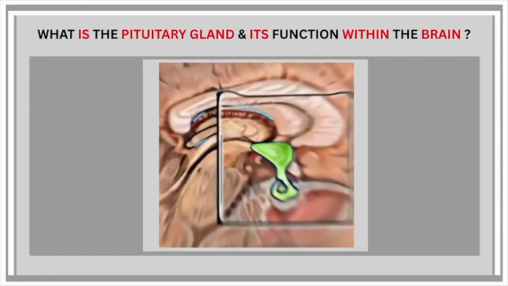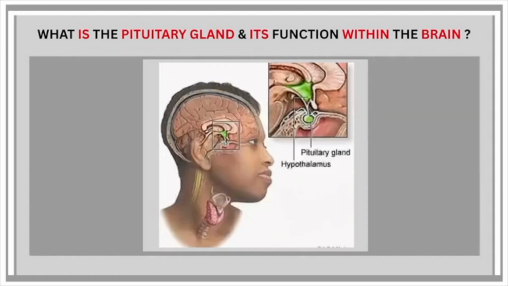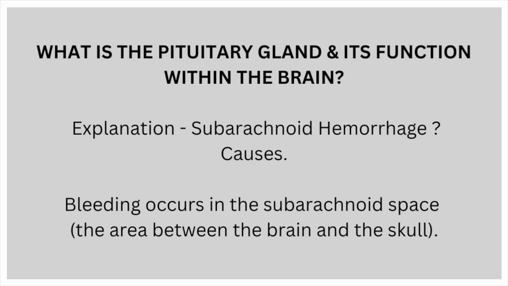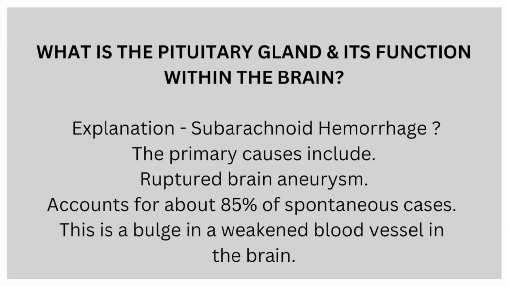Moving on to the causes. So bleeding occurs in the subarachnoid space, the area between the brain and the skull. The primary causes include a ruptured brain aneurysm. This accounts for 85% of spontaneous cases.